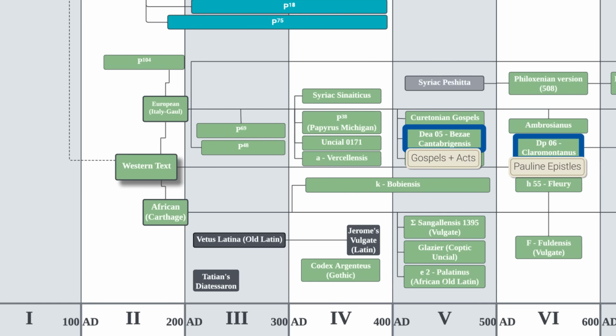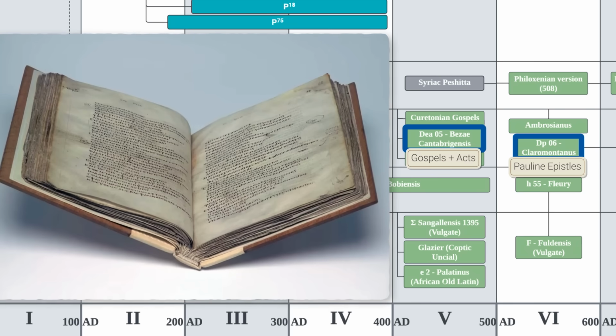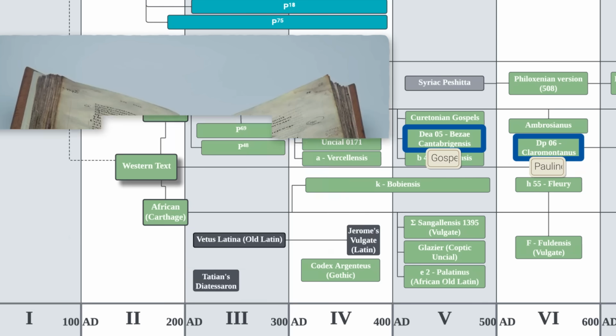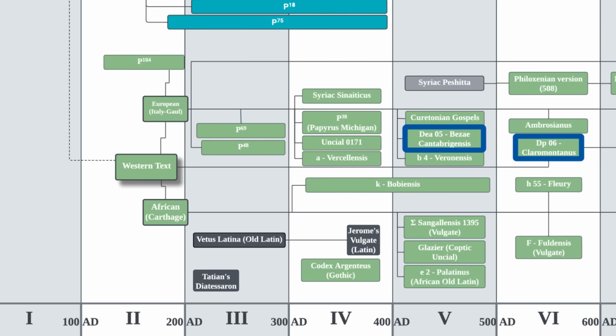Codices like these ones are actual books rather than just single pages, and they were made out of parchment rather than papyrus. Anyhow, when we compare these two manuscripts to those from other text types, what we find is that scribes of the so-called Western tradition tended to paraphrase more often, changing things here and there so that the text flowed better.